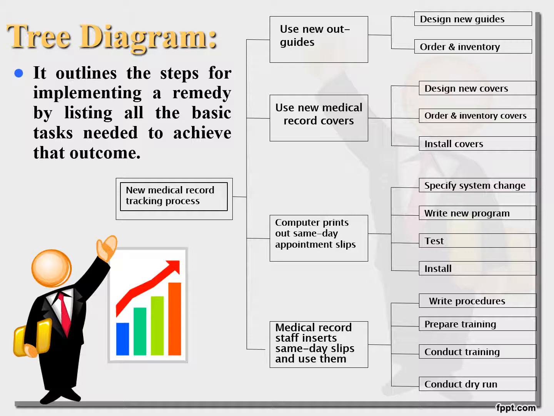In this diagram, the main task, which is developing a medical record tracking process, is divided into 4 main tasks. Use new out guides, use new medical record covers, computer prints out same day appointment slips, medical record staff inserts same-day slips and use them.